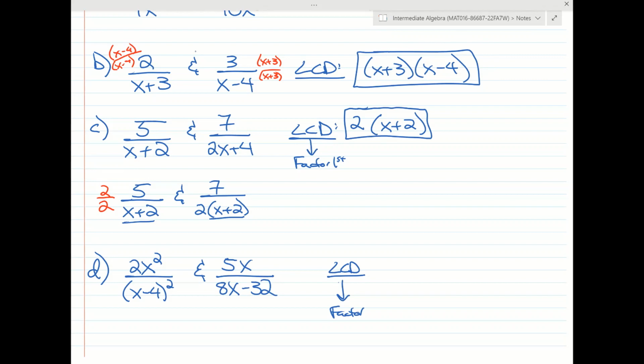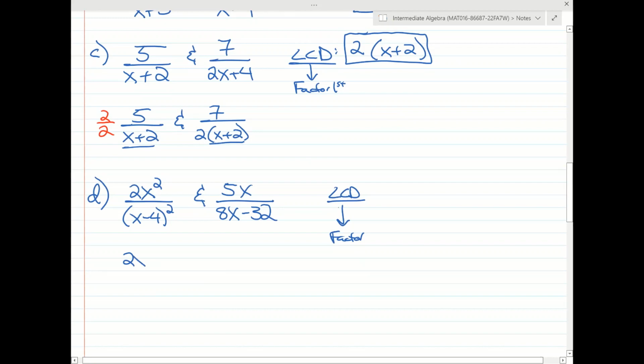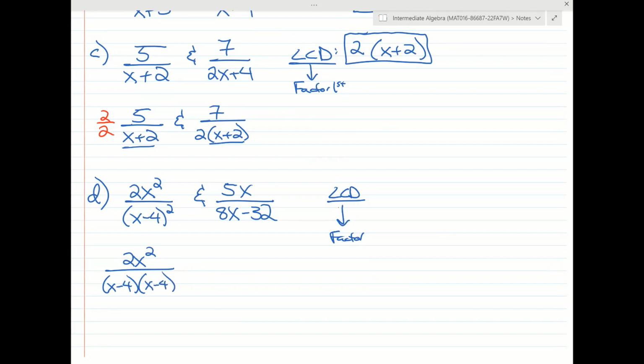And we just want to factor everything all the way out. What I mean by this is this first fraction factors to be 2x squared over x minus 4 times x minus 4. And this fraction factors to be 5x over 8 times x minus 4.